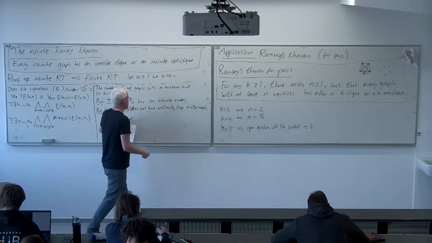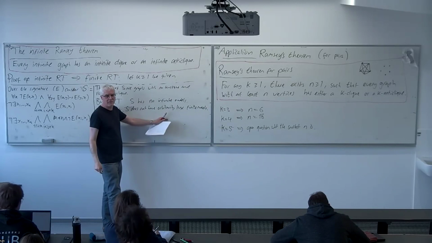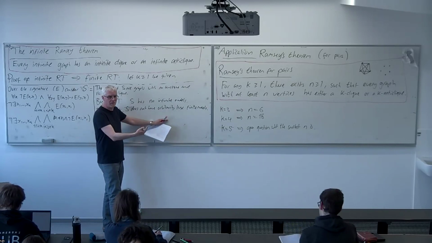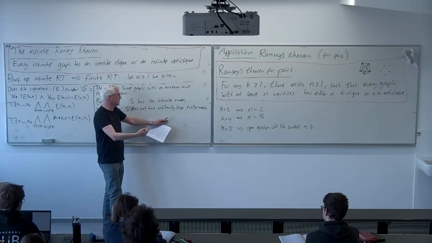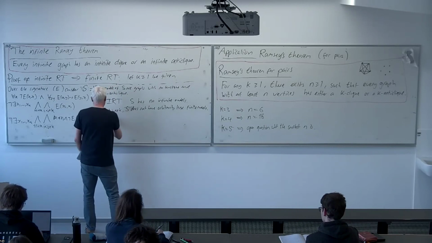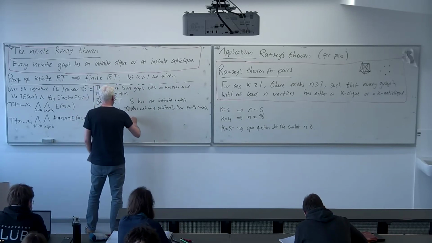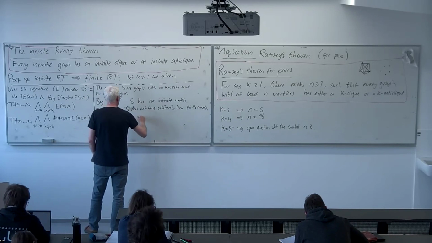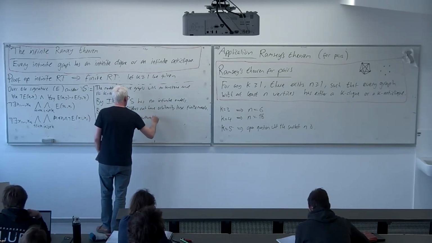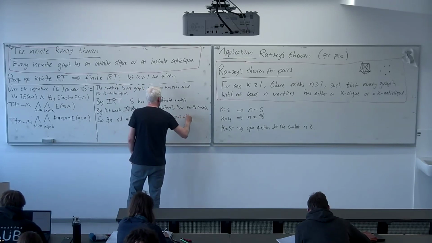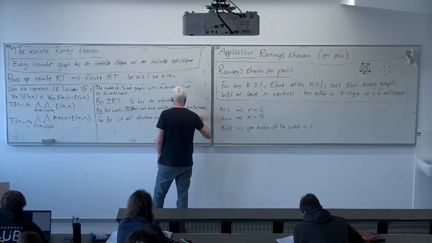But what this says is that there exists some n such that for structures of size n upwards, S is never a model. So there exists an n such that all structures of size greater than or equal to n are not models of S.